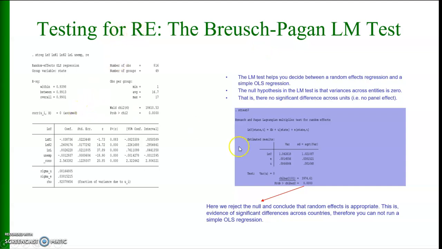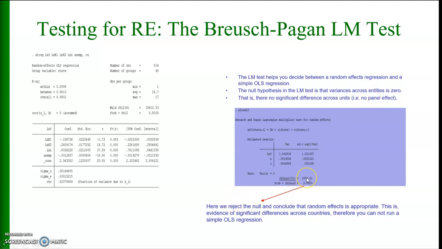Now this is the model, and these are the results of the Breusch-Pagan LM test. The LM test helps us decide between a random effects and a simple OLS regression. The null hypothesis for this test is that the variance across entities is 0. That is, there is no significant difference across units, i.e. no panel effect.